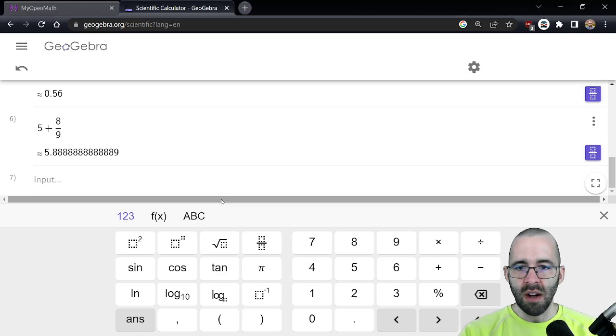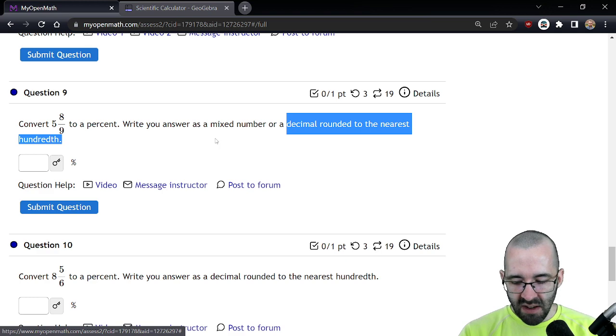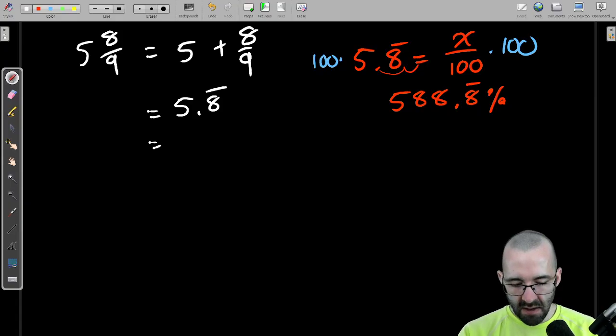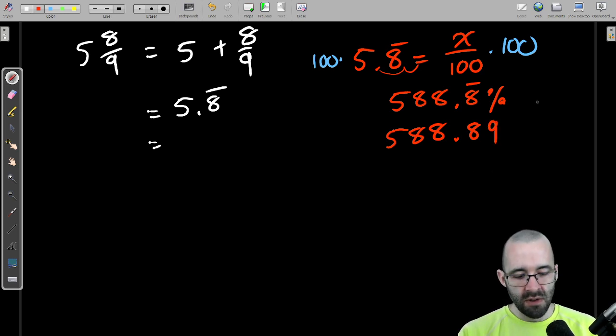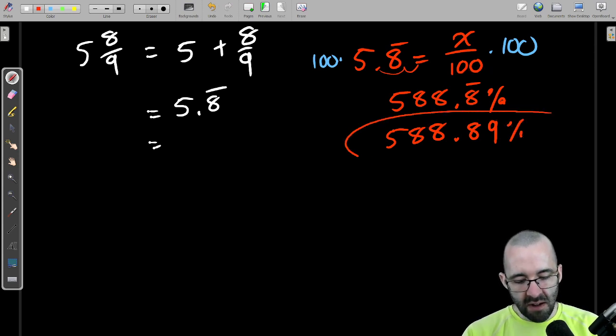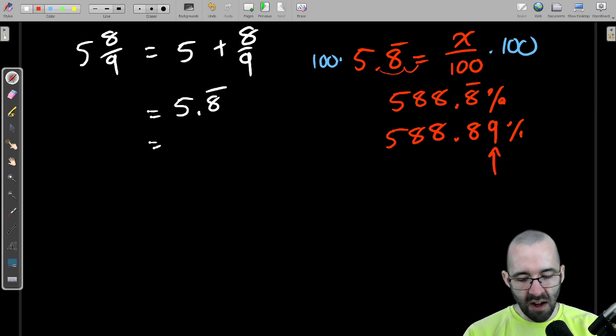Now let's make sure to read our instructions. Rounded to the nearest hundredth. So this is rounded to the nearest tenth. We need one more digit to get it to the nearest hundredth. Oh, and it wants it rounded. So this is the exact answer, but it wants it rounded to the nearest hundredth. Remember, that's the tenths place, and that's the hundredths place.